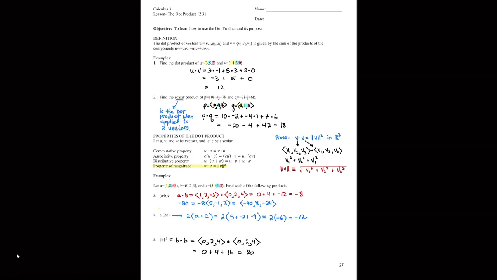And so what that tells me is that V1 squared plus V2 squared plus V3 squared is equal to the magnitude of V squared. Which means that V dot V is equal to the magnitude of V squared.